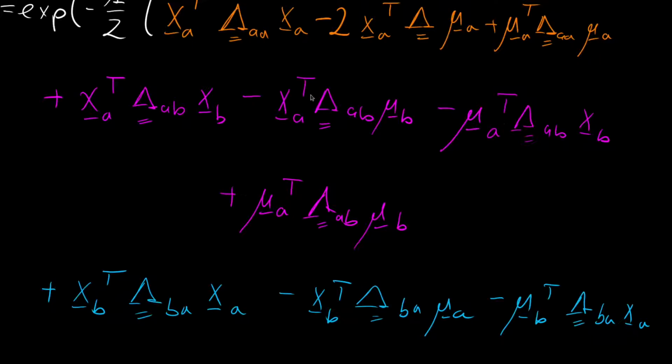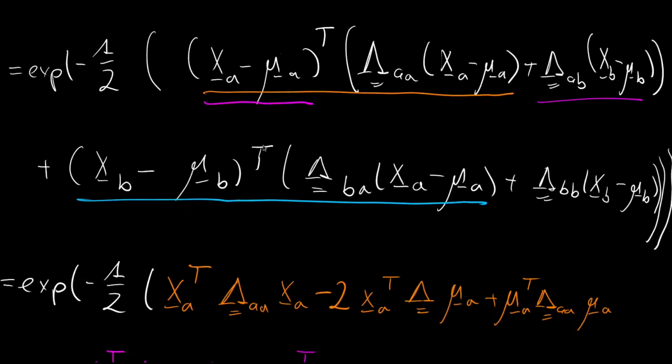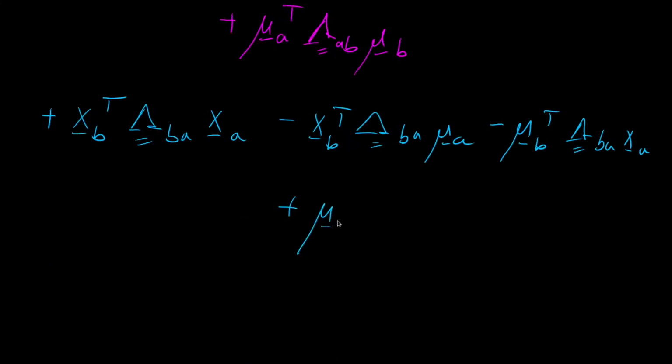And here you see this is somehow a similar structure because we get those mixed terms basically. And then we get finally plus mu_b transpose lambda_ba mu_a.